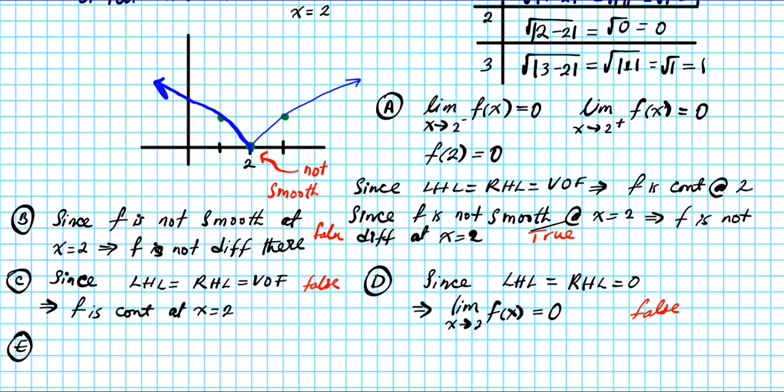None of them are applicable. Okay? We already established in part C and A that the function is continuous. So since f is continuous at x equals 2, there are no discontinuities.